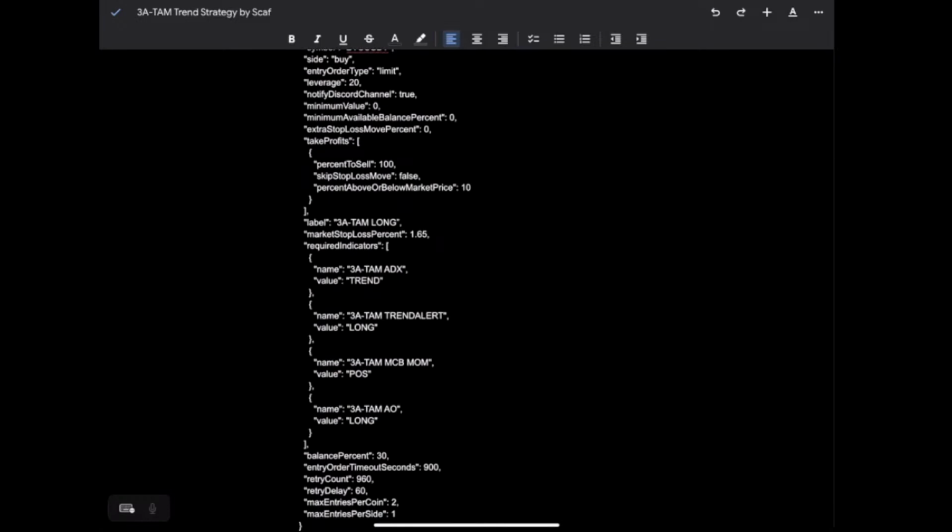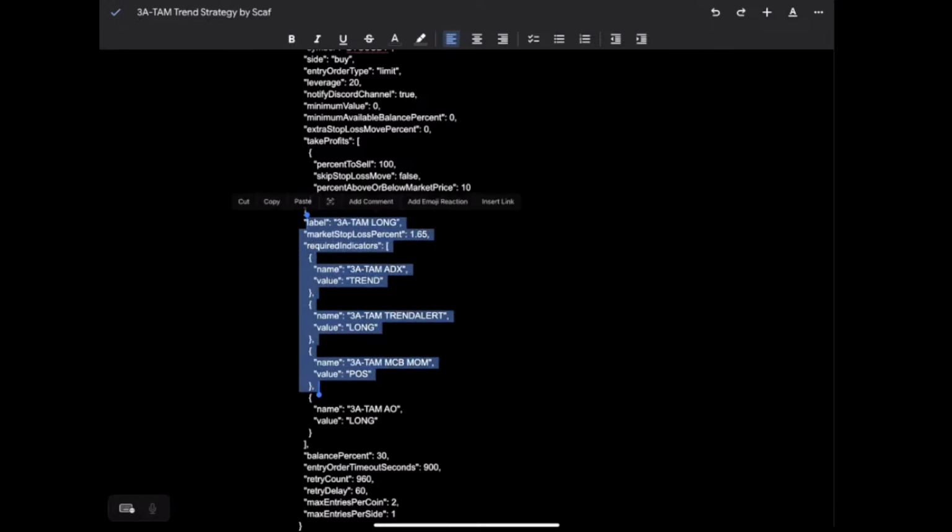But when we're looking at the required indicators here, you can see that I have just a few. Actually, that's a little wrong. I have three. So I have three confirmations after the trade gets triggered that I want to make sure fall in line in order to have the trade go.